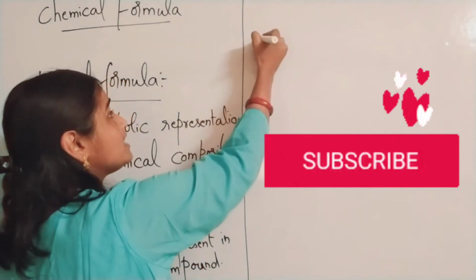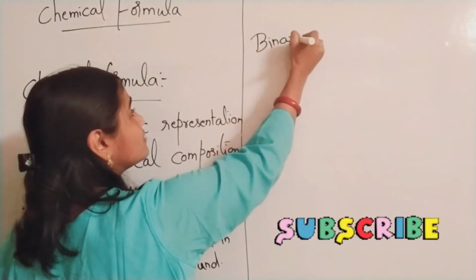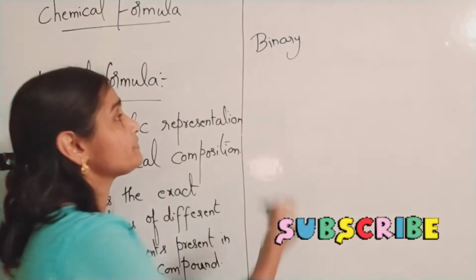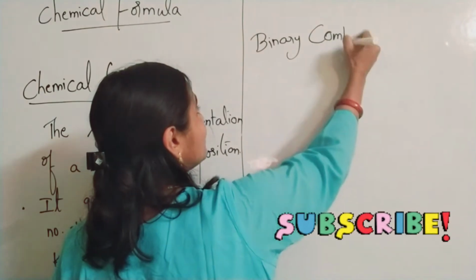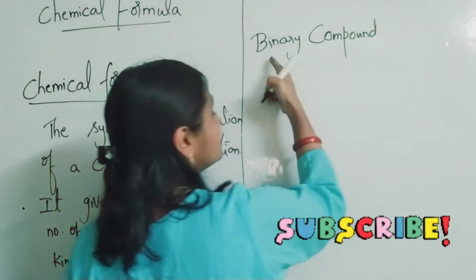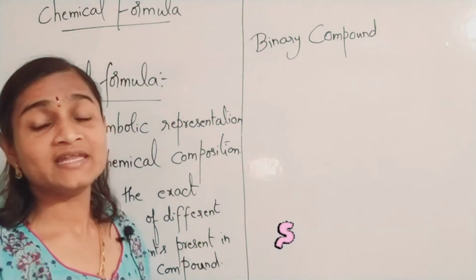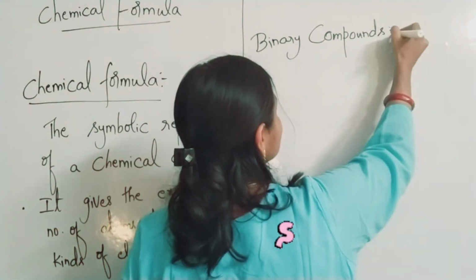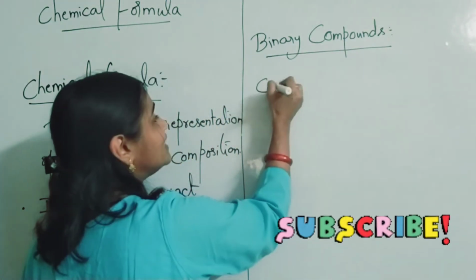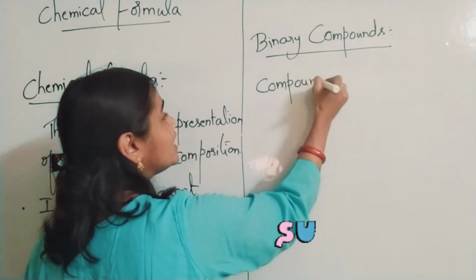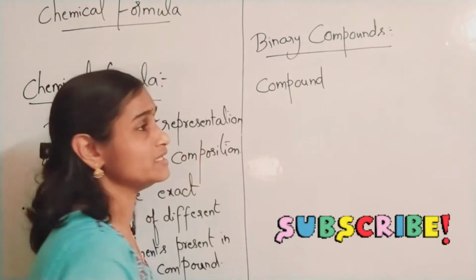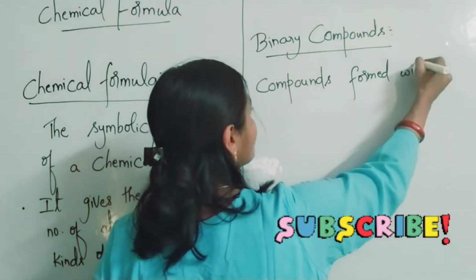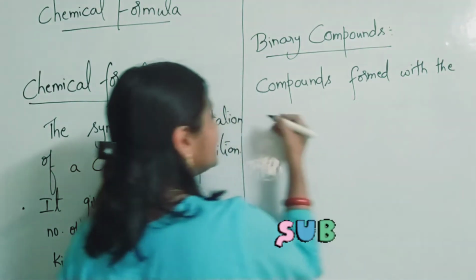Okay, a binary compound is a simple compound with 2 different atoms or elements present in it. Binary compounds: compounds made of what? 2 different elements. The word binary stands for 2. Binary compounds means compounds formed with the combination of 2 elements.